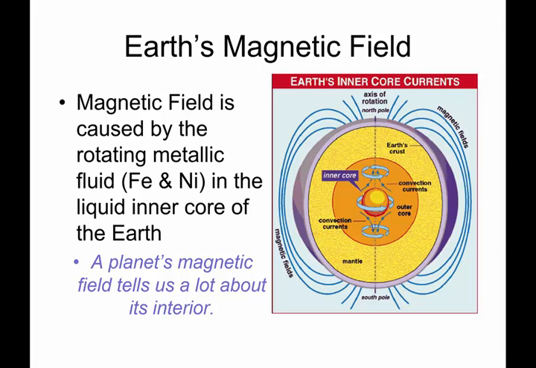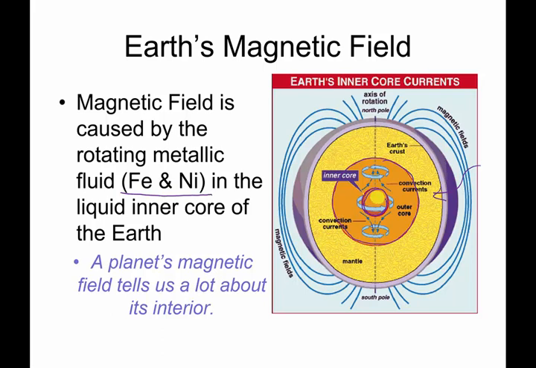So what actually causes the Earth's magnetic field? Remember, we learned about the interior of the Earth by looking at seismic data, earthquake data. We know that the center of the Earth is a solid ball, but around it is a large area that is liquid iron and liquid nickel.